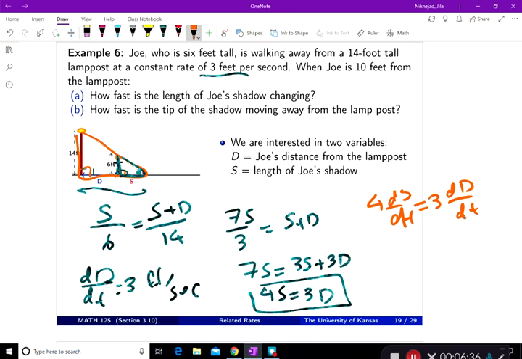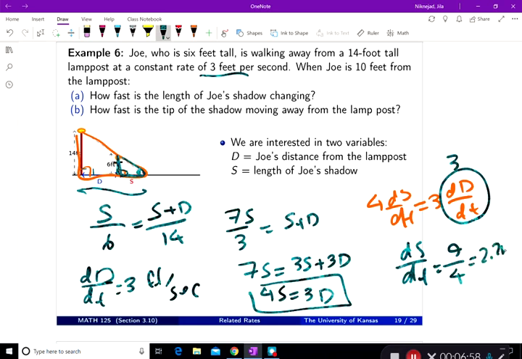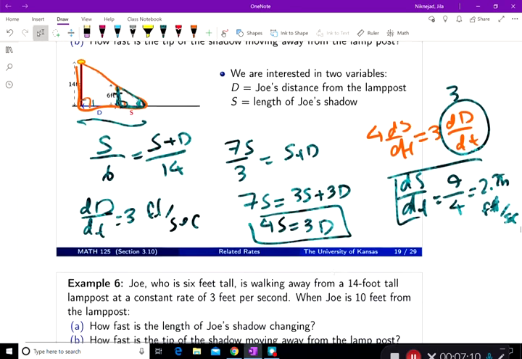I know this one is equal to 3, and then I can calculate dS/dt, and dS/dt is going to be 9 over 4, or 2.25 feet per second. So I answered the first part of the question. Now let's come back and answer the second part of the question.